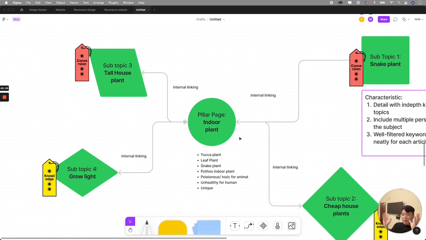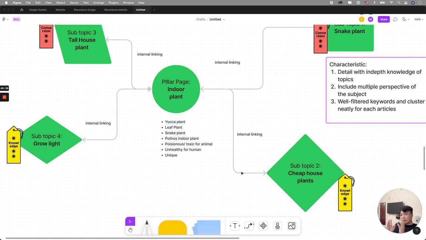Once you're done with that, you move into a decision part, so you draw out the whole subtopic map that you would have, right? There's more, of course, you can add on more. You then determine the internal linking system into the main pillar page, and you determine which subtopics you deem you want to convert into organic traffic right away, or which subtopics you would like to build into a knowledge-based kind of subtopic.